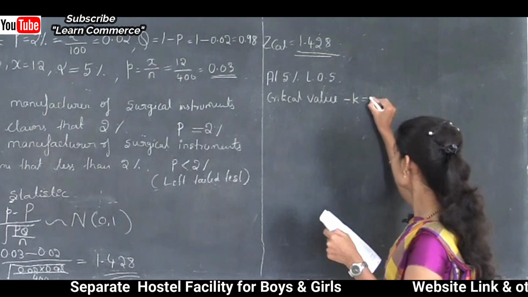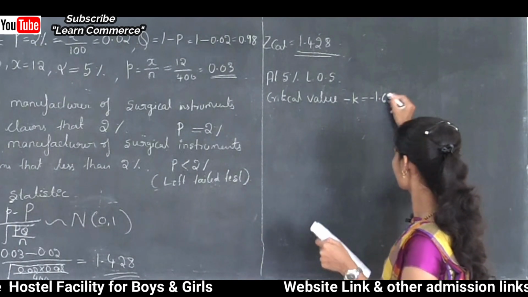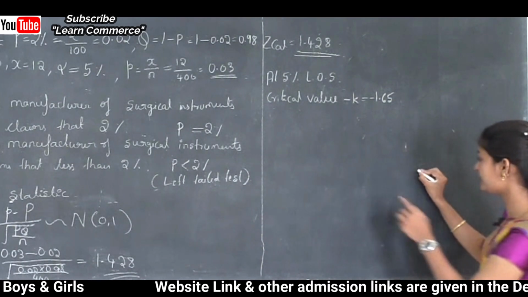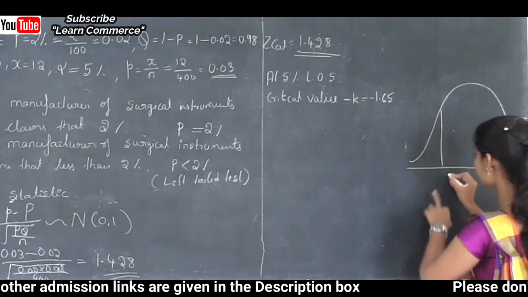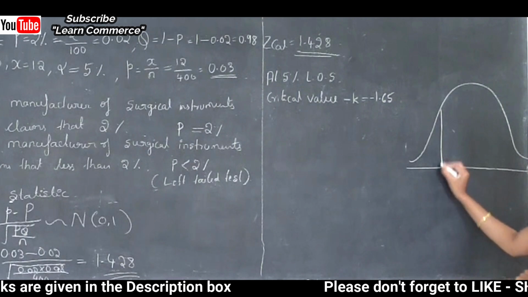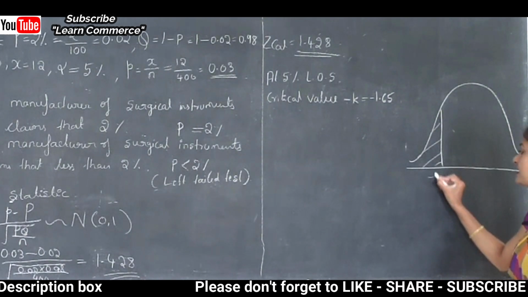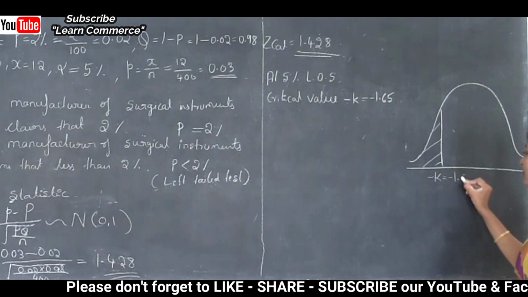So k value is minus 1.65, and this is left tail test, in the sense here rejection region is located at left tail of the probability curve. So this is rejection region, and this is minus k value, that is minus 1.65.